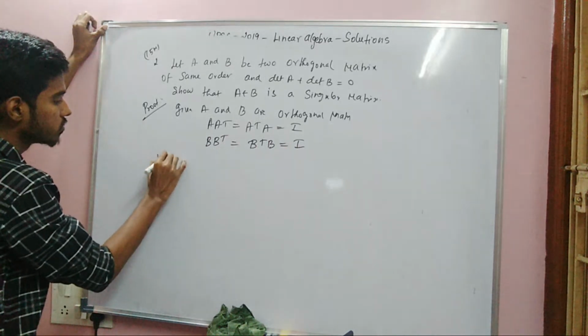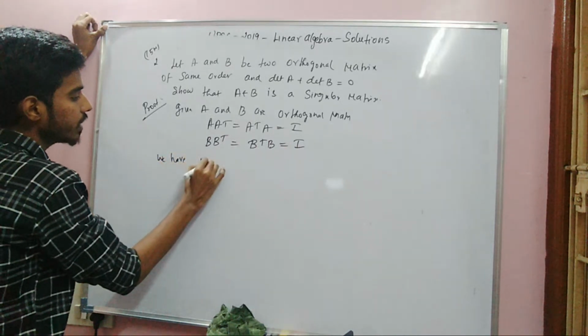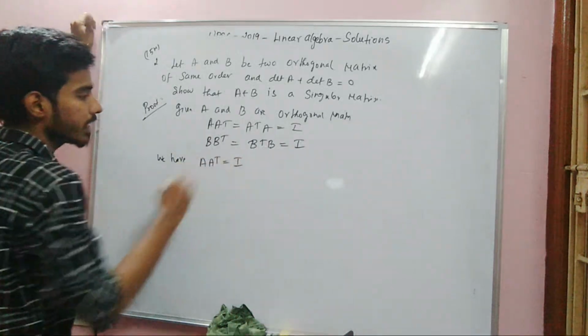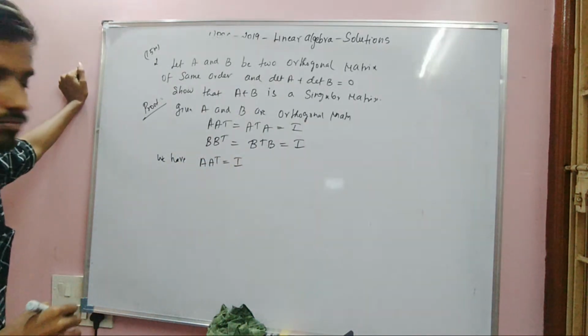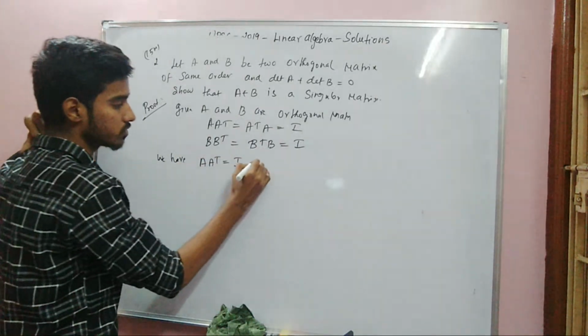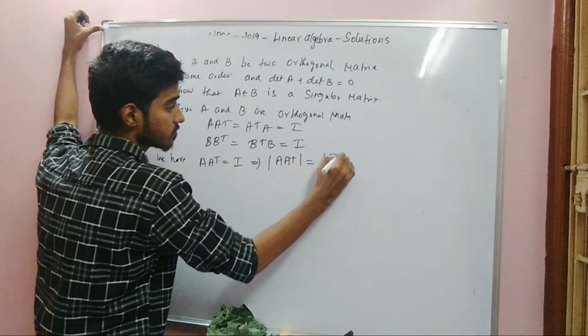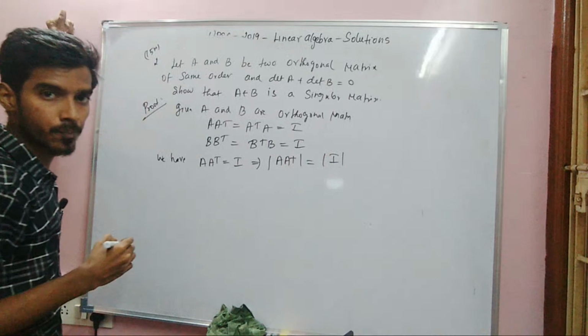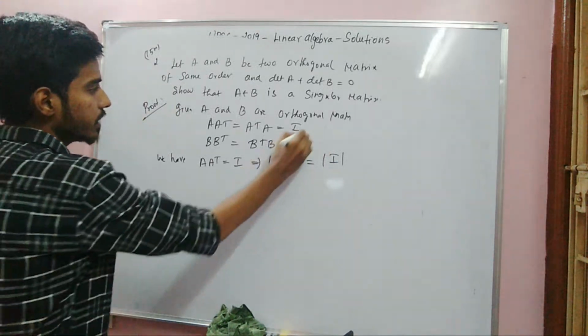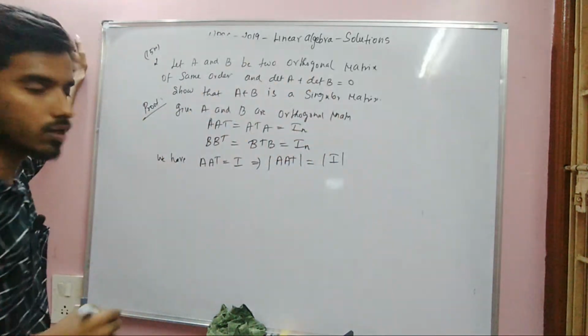So we have A into A transpose is equal to I. That means if I take the determinant on both sides, determinant of A into A transpose is equal to determinant of I, or else we will write In, the identity matrix of order n.